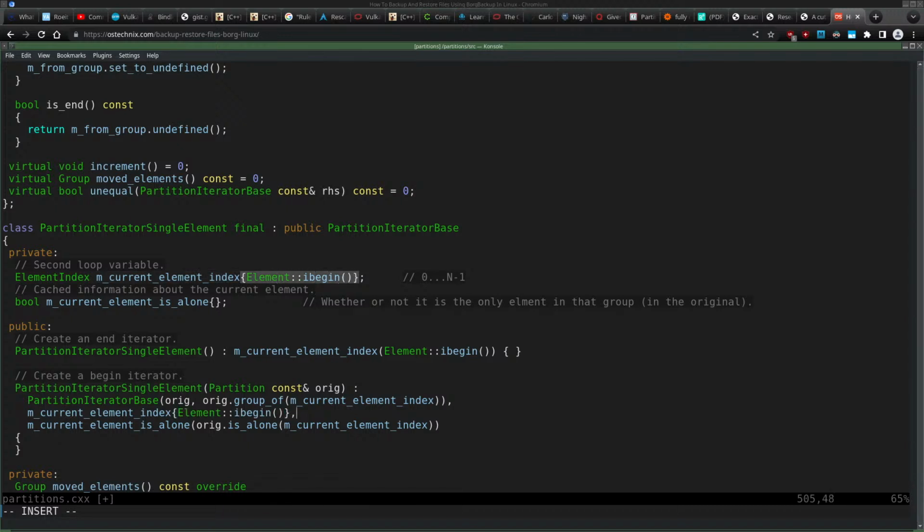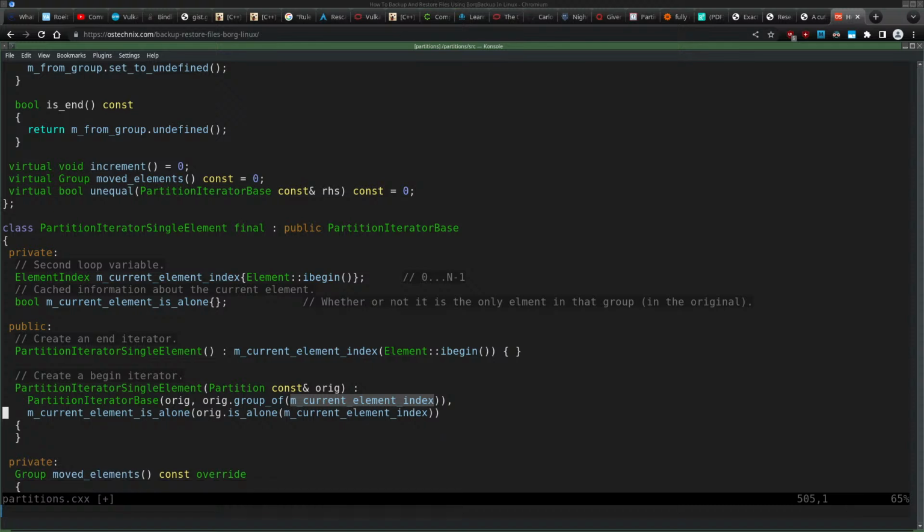So this is the actual constructor. So if I pass the thing to the base class, it has not been initialized yet. Well, that was a strange pitfall.